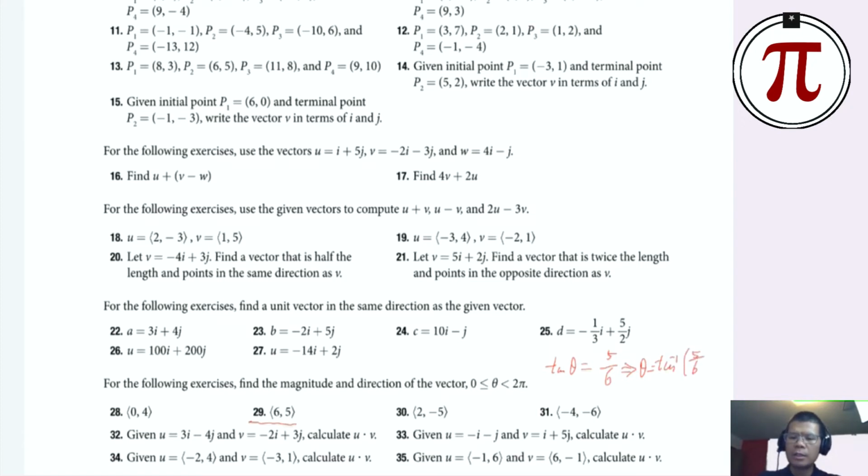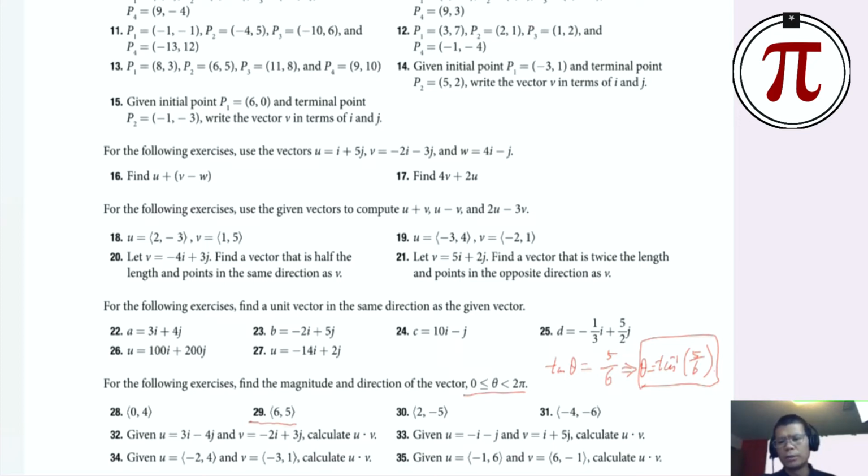And this is in this range because inverse tangent is in the first quadrant. It's between 0 and pi over 2. So that's good. This is going to be the direction.